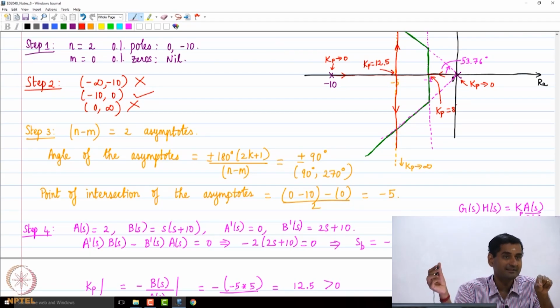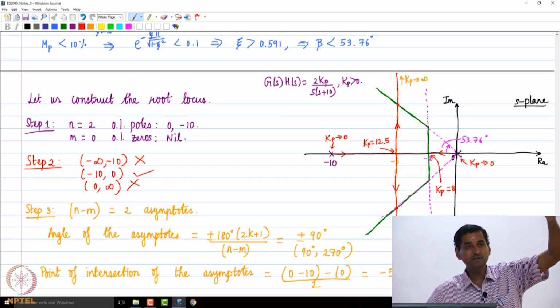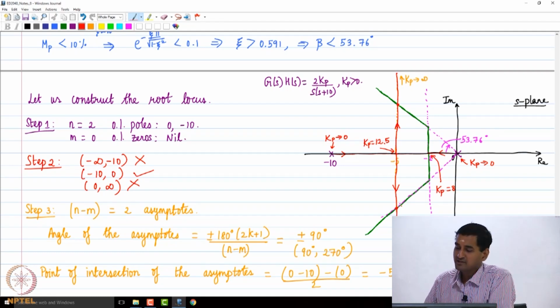But not only that, we have to find out what is the value of Kp when the root locus hits this point and this point, because beyond this, the 2 branches of the root locus go outside the desired region. So how can I find the value of Kp at this point?